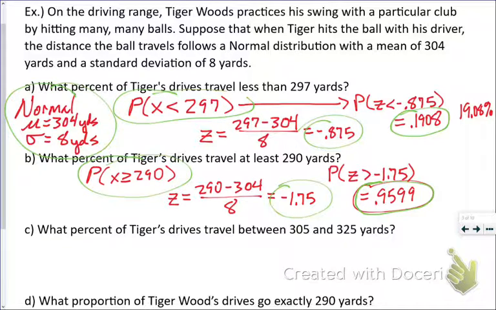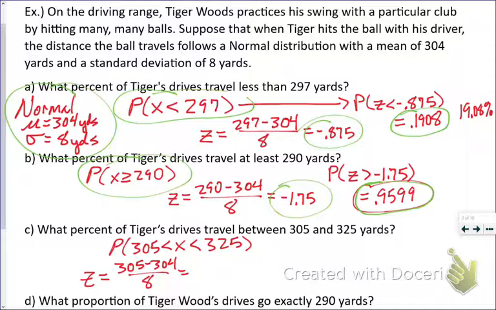All right, this one's a little bit more involved. It's like twice the work, but the same process. We want to find 305 to 325. So find both of those z-scores. So I got 0.125. And I got 2.625.